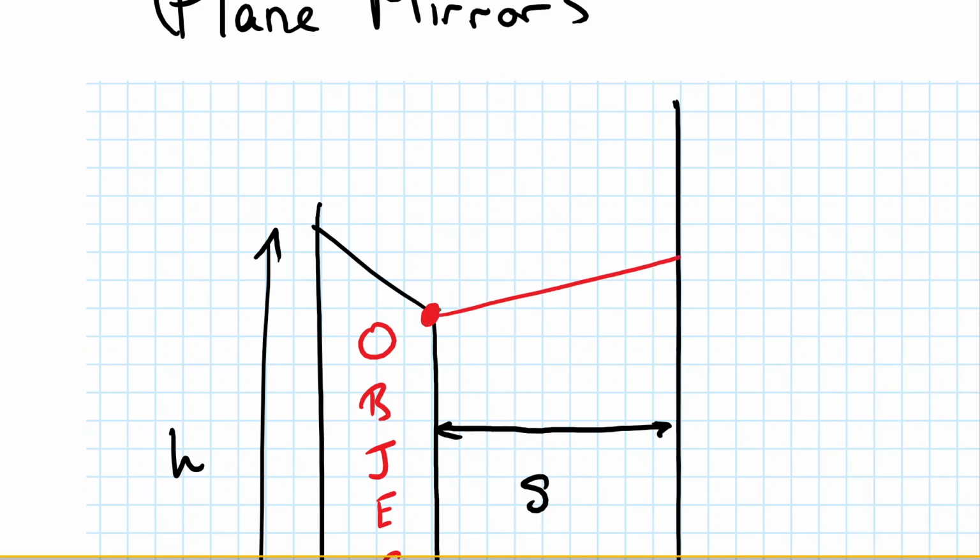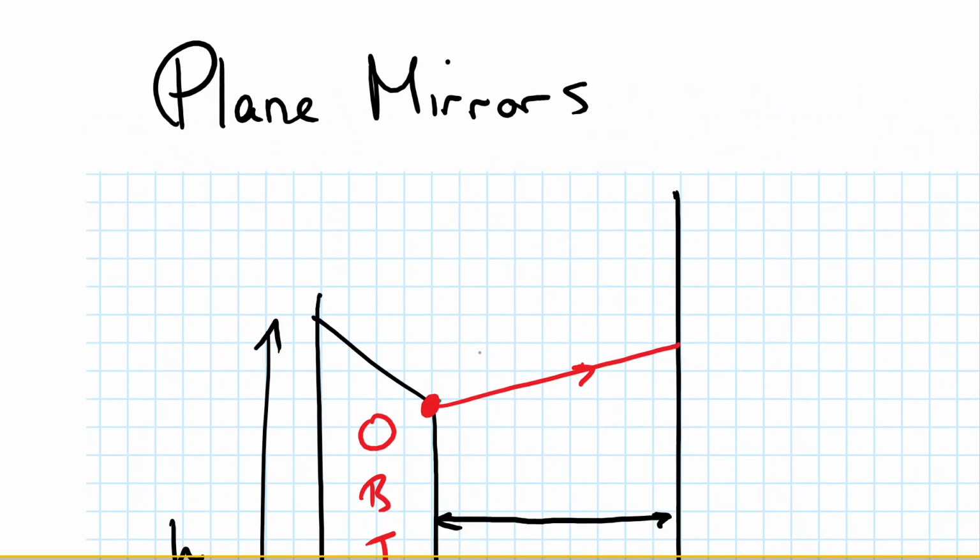Not quite where I wanted to hit the mirror. There we go. So now when the light hits the mirror, it's going to bounce off. It's going to be reflected at the exact opposite angle. So if it went up 2 and over to the mirror, when it comes out, it's going to go back and up 2 more. So the reflected ray of light is going to go something like this.